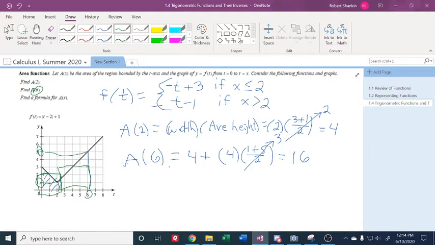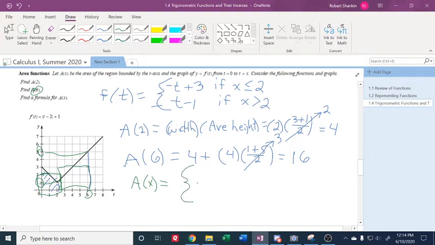All right. And now let's go to A of x. There's no way to get A of x without using a piecewise function.